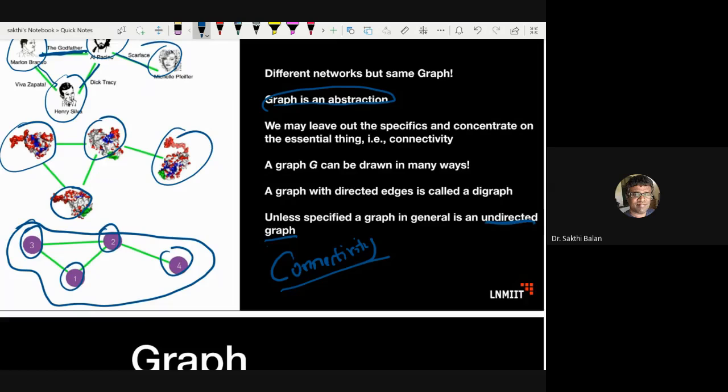But in a Facebook graph, having a direction doesn't make sense, because we already have both ways. Friends means it is reciprocal, like a symmetric relation. So in some cases we have to look into undirected edges, so it will be an undirected graph. In some cases, you may have to look into a directed graph, for example, the Twitter network.